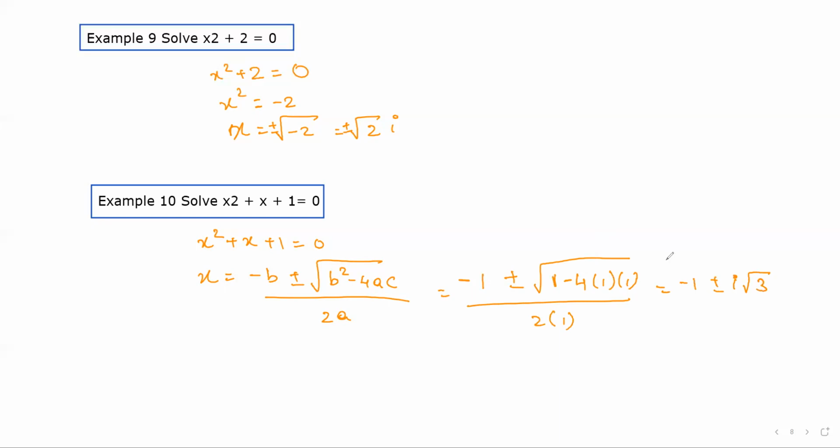So this is root 3 into root of minus 1, which is i, upon 2. You can write this in general form, minus 1 by 2 plus minus i into root 3 by 2.